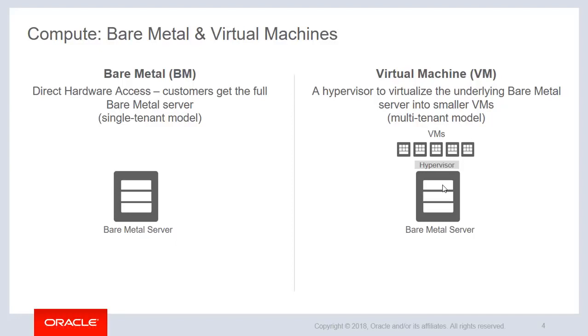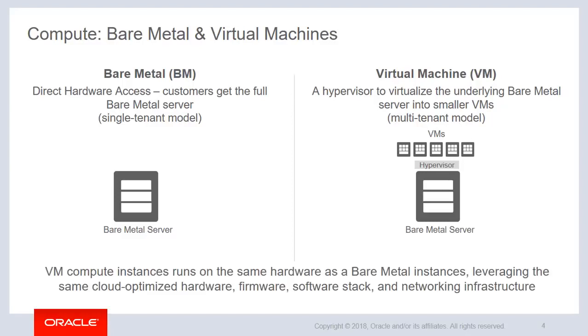And then we slice the available compute cores into a smaller number of VM shapes, which we make available to the customers. The important thing to keep in mind is that the VM compute instances run on the same hardware as a bare metal instance, leveraging the same cloud optimized hardware, firmware, software stack and networking infrastructure.